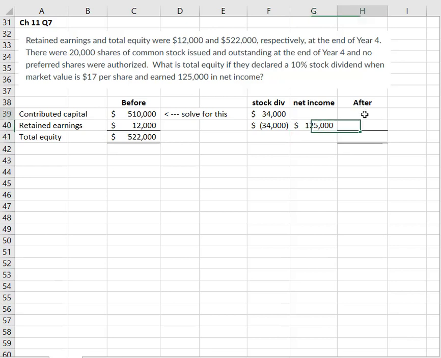All right, so after all that action, what does it look like? Contributed capital went up by the 34,000. Retained earnings went down by the dividend declared and up by net income. And so when you add those together, you get ending equity after the declared dividend and the net income is recorded.